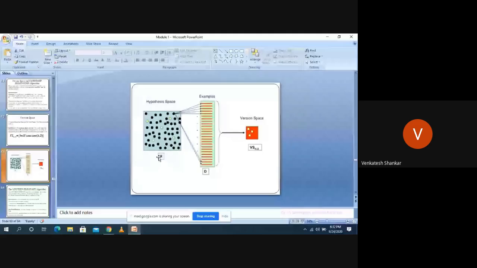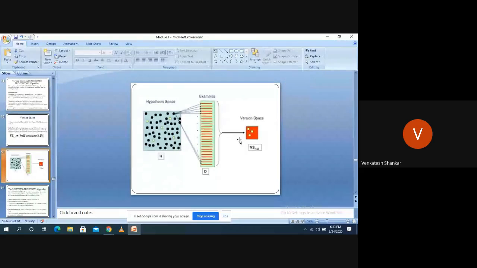Next, examples means the training sets. Combining the training set plus hypothesis, we can identify the version space. This is the pictorial representation of version space.